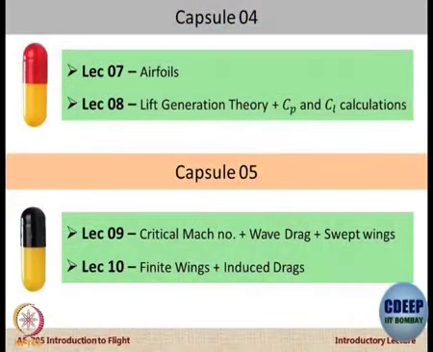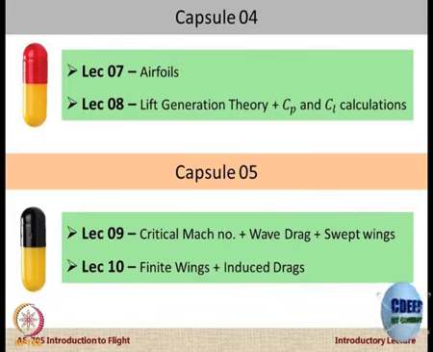After that, we will go to the fundamentals of aerospace engineering or flight, airfoils, and how lift is generated, and how the pressure and lift coefficients are calculated. And then the last capsule before midsem would be on what is called the finite wings.